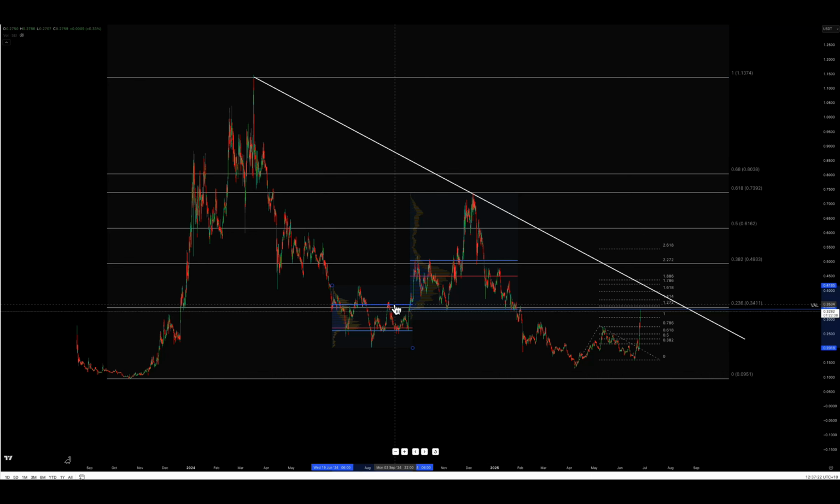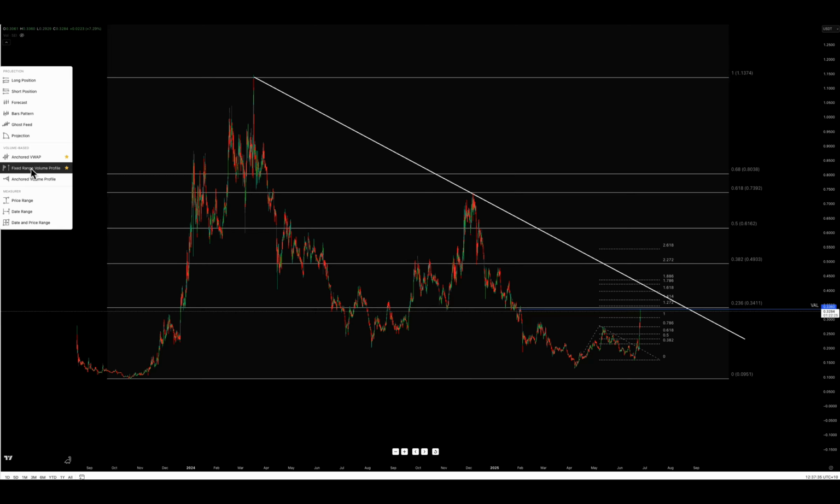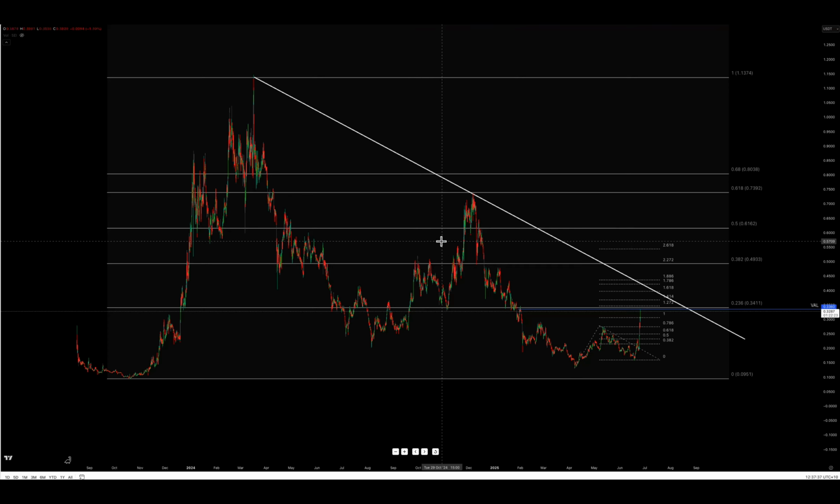For the newbies who don't know fixed volume profile, we're just going to go through this right now. There's a number of ways of doing it. That's the tool over here, fixed volume profile. What we do is, that is our range. So we have this range to there, which factors in volume versus price.